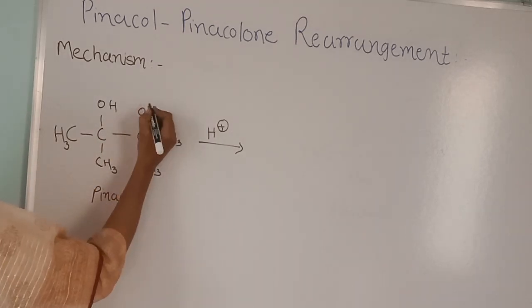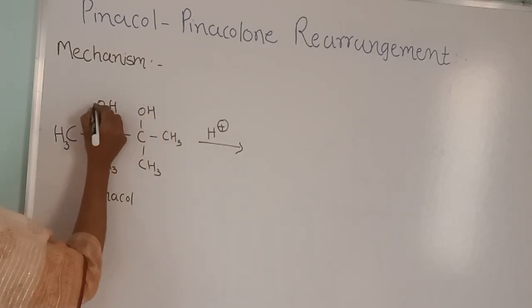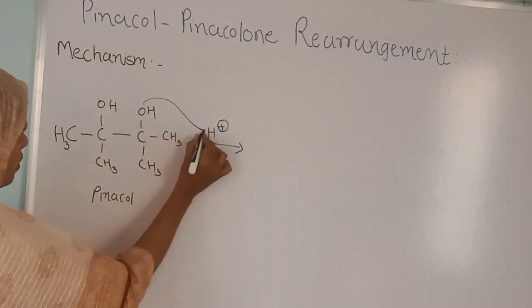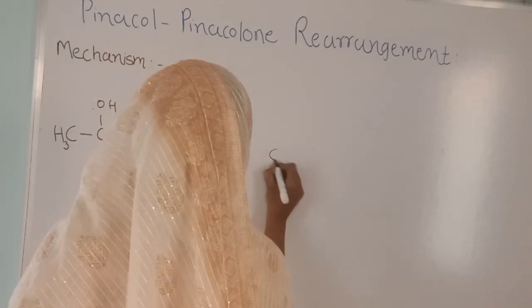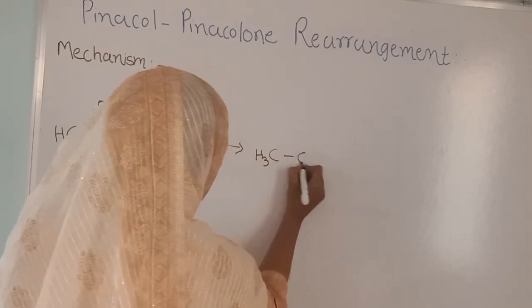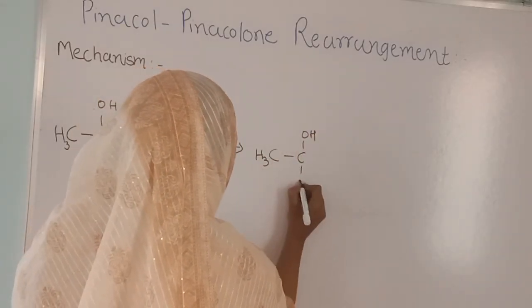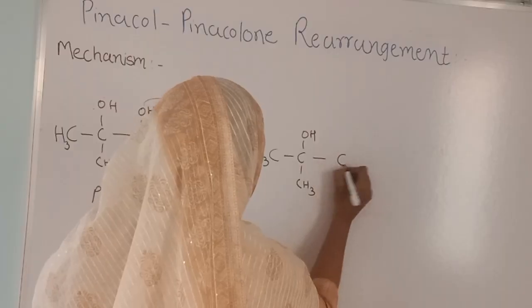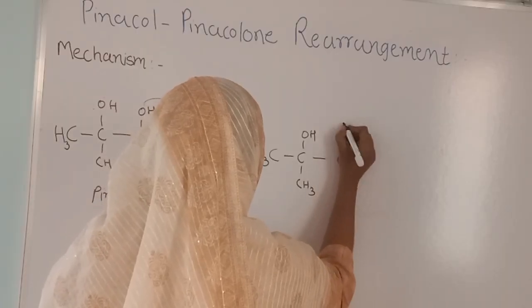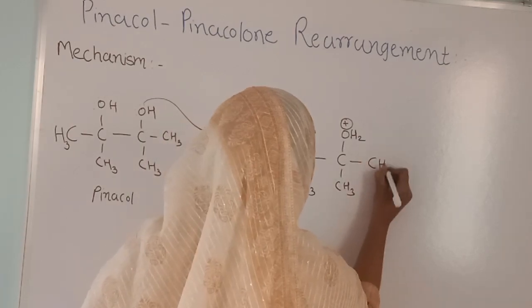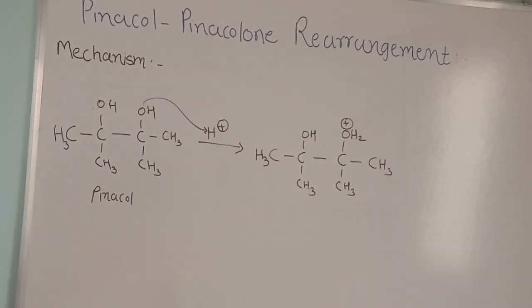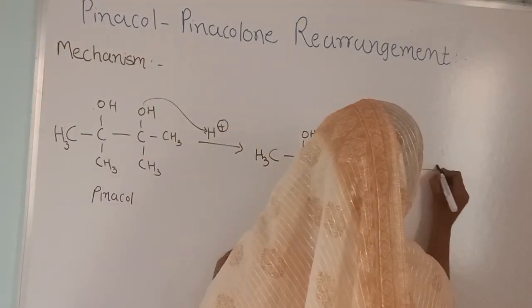This hydroxy, which contains the lone pair of the oxygen atom, picks up the proton and converts into a good leaving group. Then we get CH3, COH, CH3, COH twice, with CH3, CH3. Here your hydroxy group is converted into a good leaving group. In the next step, loss of a water molecule.